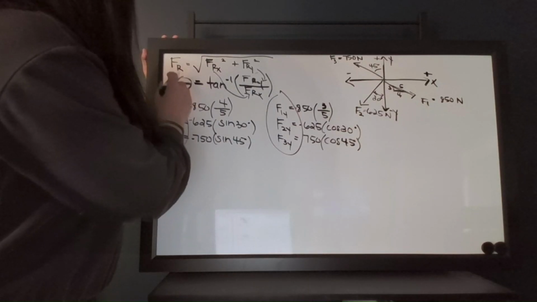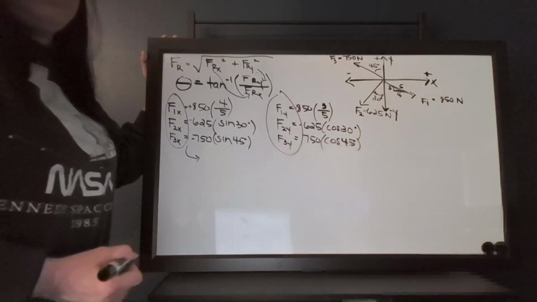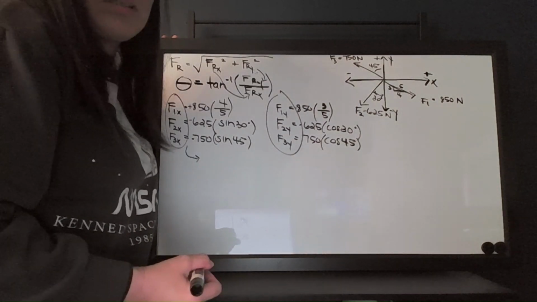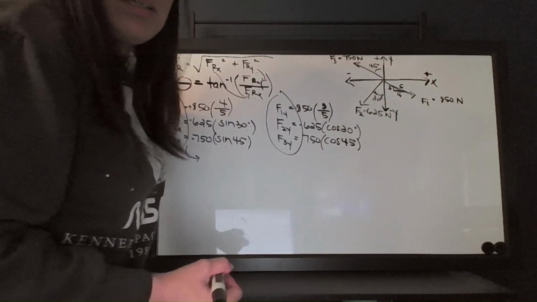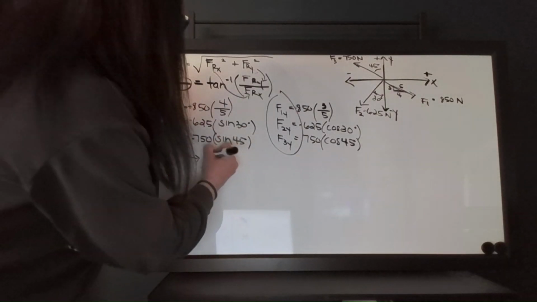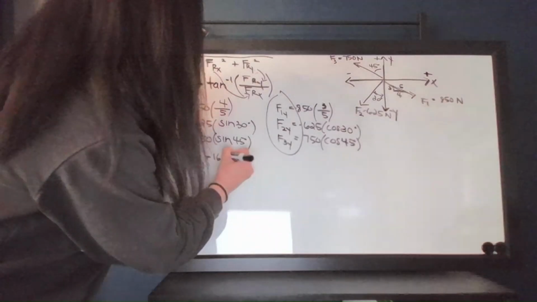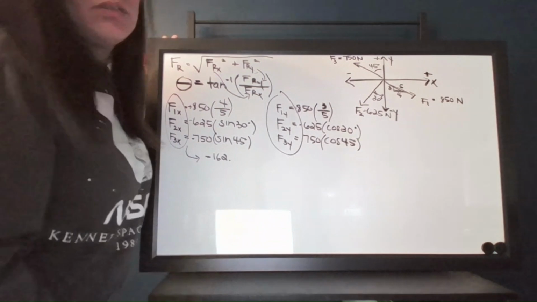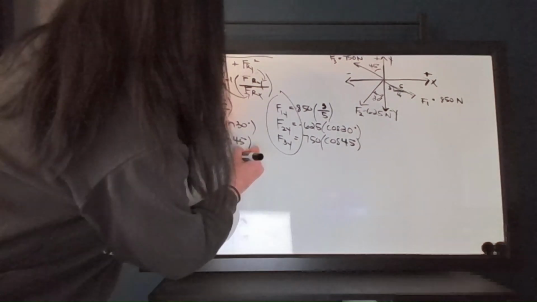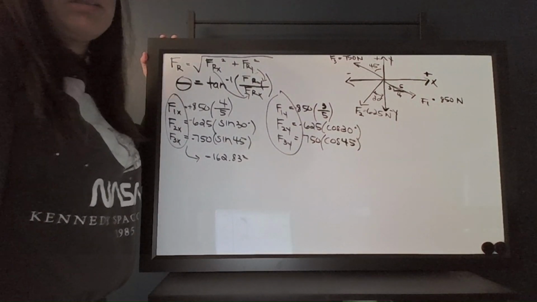Let's take a look at my calculations. The x is going to be negative 162.83 squared.